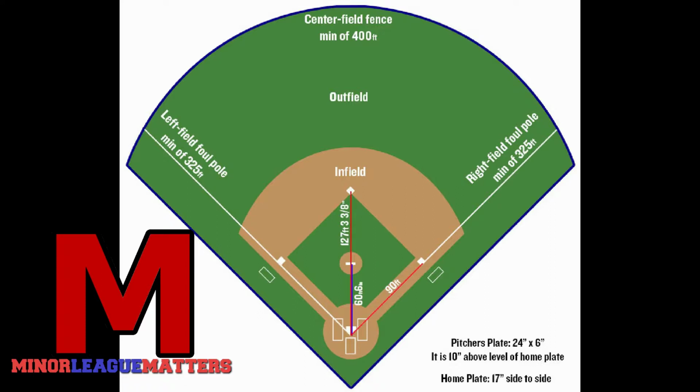Now, as you can see here, unlike cricket, where the bowler, which would be a pitcher in baseball, runs up and puts his foot down in front of a line right in front of the wicket and throws the pitch, it's not the way it works in baseball.